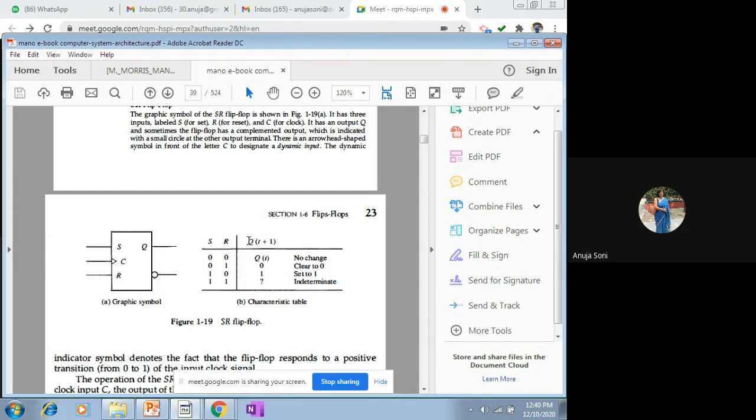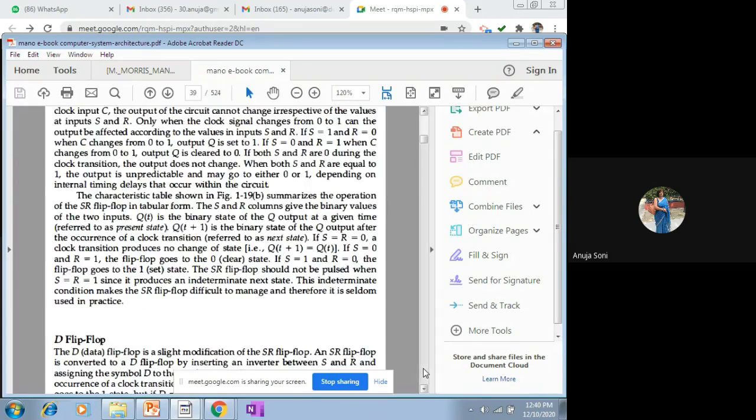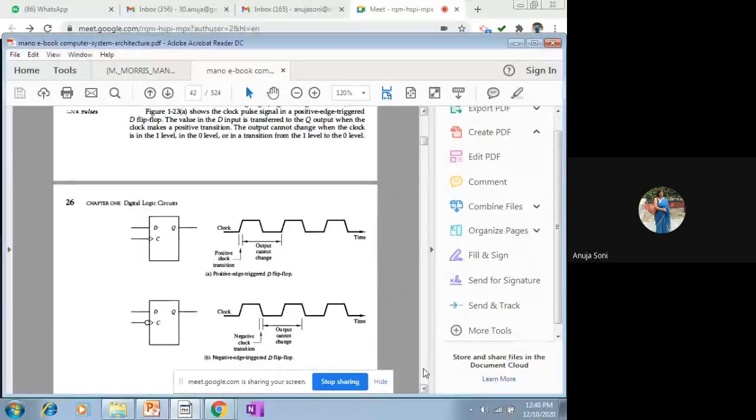Here in this context, this kind of table is called a characteristic table. Earlier we talked about the truth table. Here only the name is different, otherwise it also exhibits the behavior of the respective flip flop. But what is the difference? Essentially, we talk in terms of the timing signal. In the context of the clock, this is called your negative transition, and this is called your positive transition.